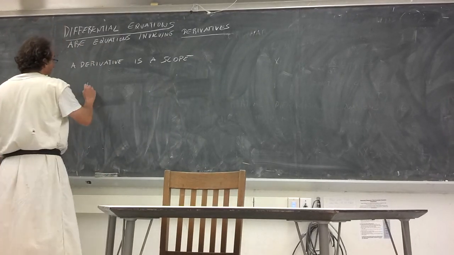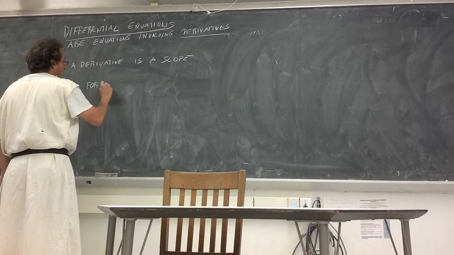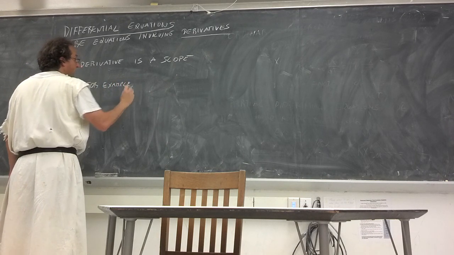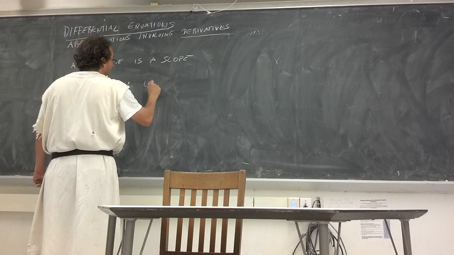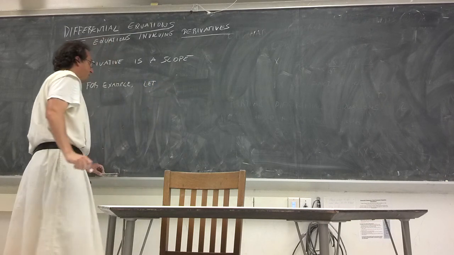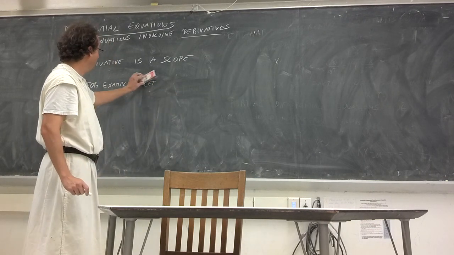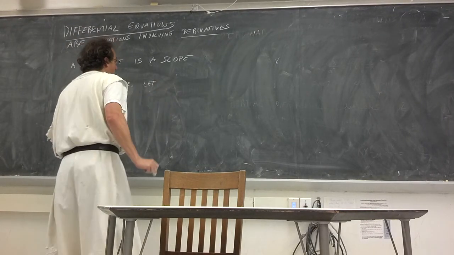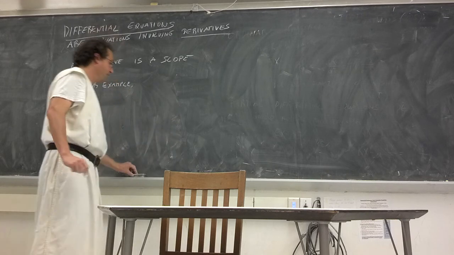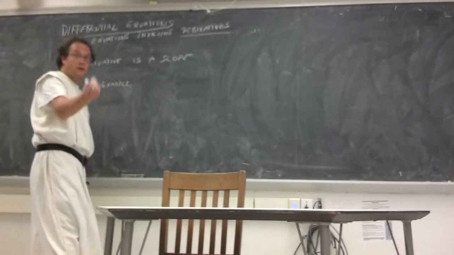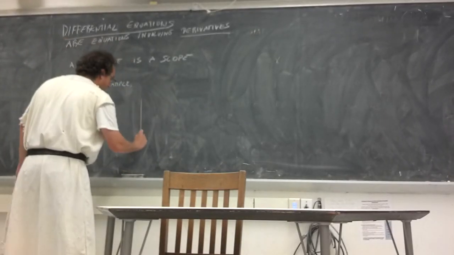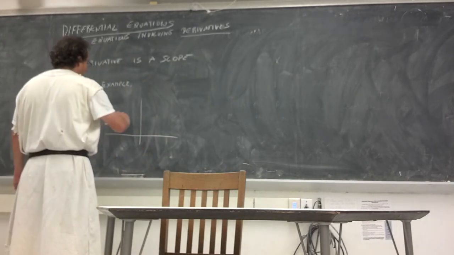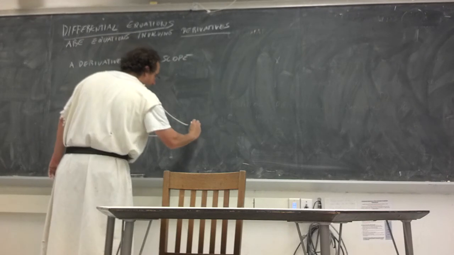For example, I'm not even going to write an equation right now. I'm just going to draw a picture. Super simple. Here's a chart. Let's say we have a function f of x.